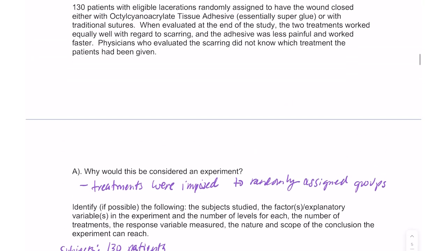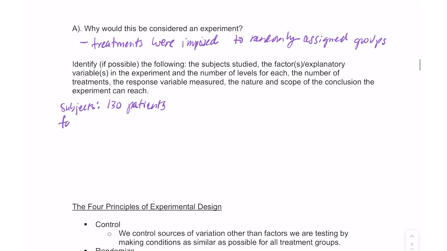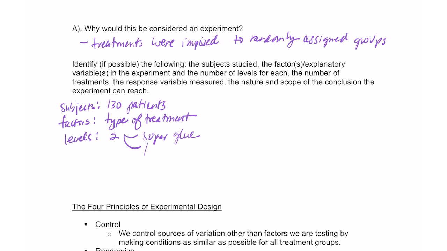And the factors here would be the types of treatment. There's actually two levels, though. So the levels would be either the superglue or the traditional sutures.